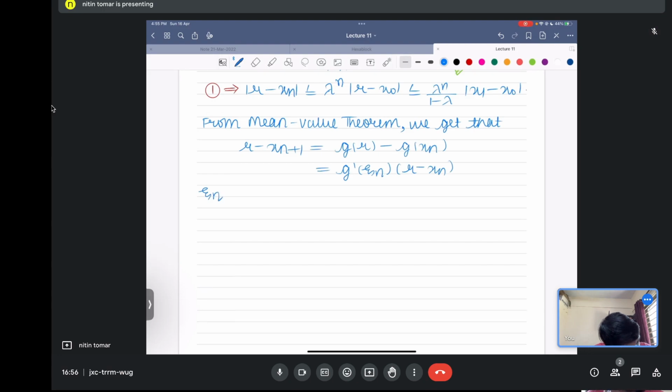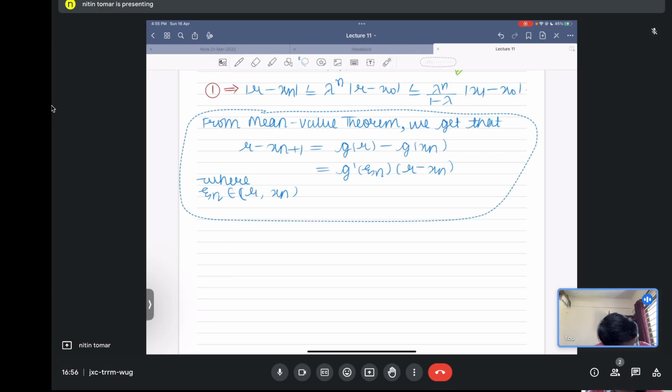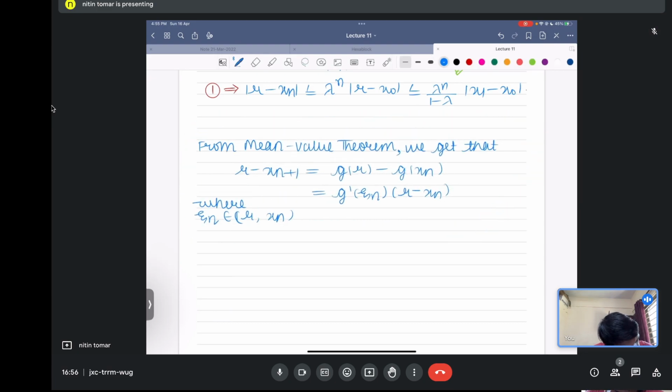with ξn belonging to between r and xn, or the other way. One conclusion that was coming from before, we need here. So this already implies that the limit of xn converges to r, as λ is less than 1 and greater than 0.